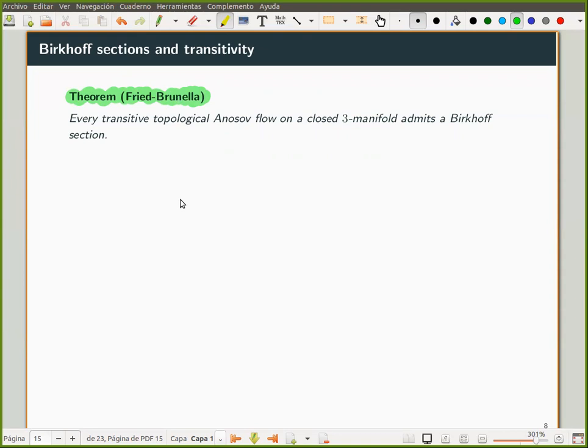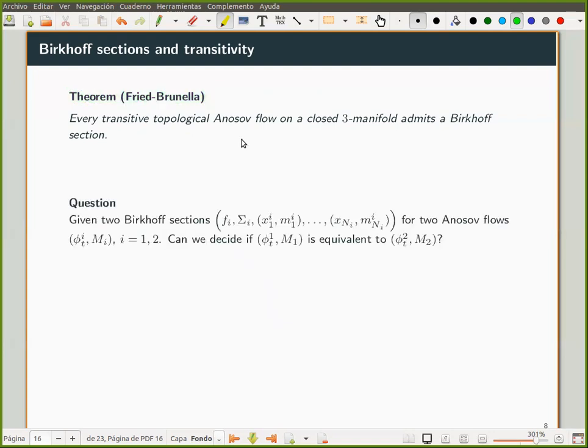And well, the existence of such a section has serious implications about the topology of the flow and the three manifold that supports the flow. In particular, we are interested in the following question.